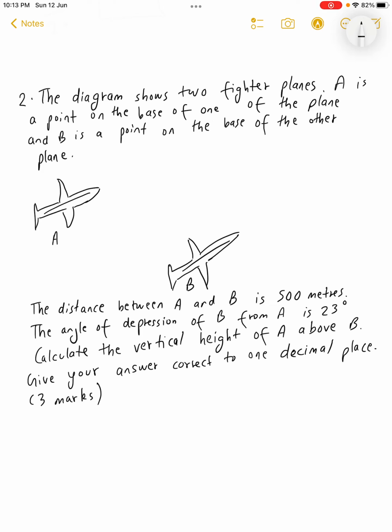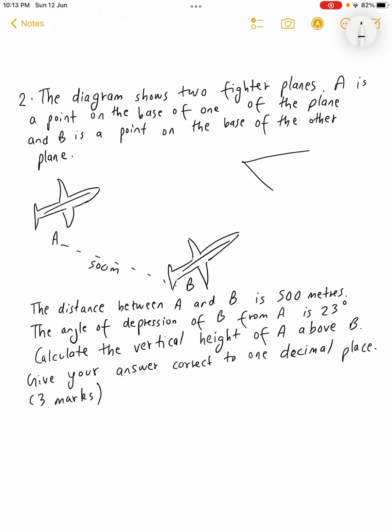Now, in order to do this, they have given us the distance between A and B. So the diagram should show you a distance between A and B. I'm just going to put that as 500 meters. This should already be on the diagram, so it's 500 meters. And we know that the angle of depression of B from A is 23 degrees.